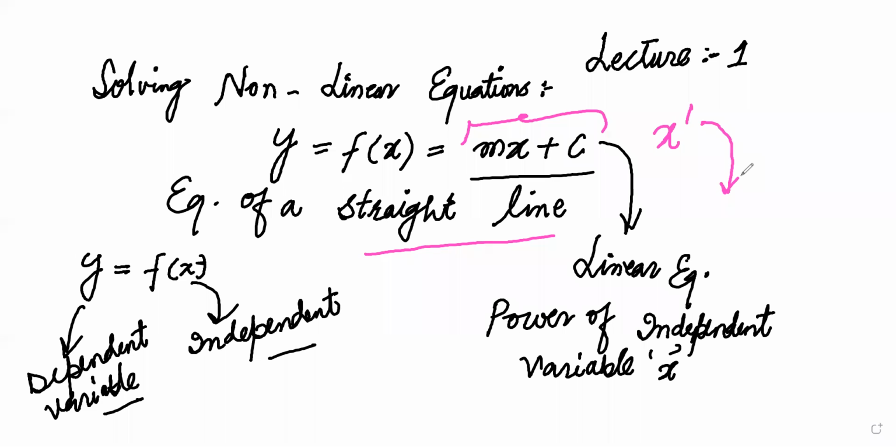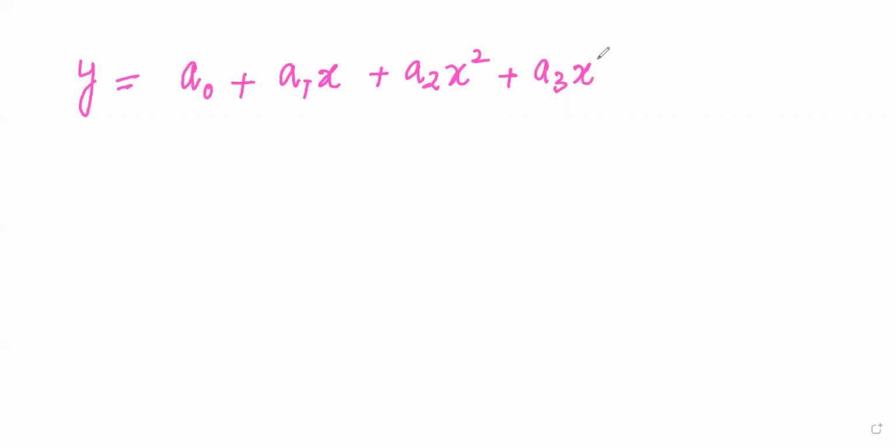Okay, now if the equation happens to be of power other than 1, if you have an equation y is equal to a0 plus a1x plus a2x square plus a3x cube, we say that this equation is a nonlinear equation.